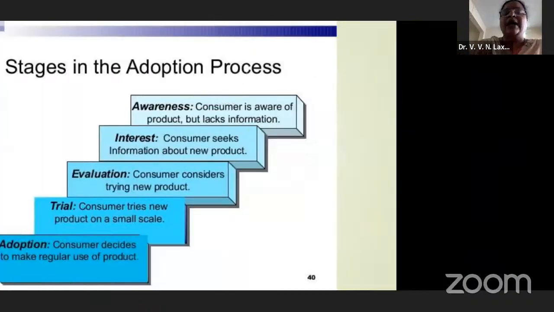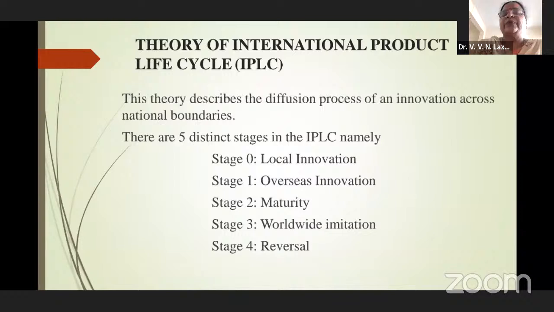Now, let us try to understand the theory of the international product life cycle. I think you are already aware of the product life cycle, where there are basically 4 stages and 2 extended stages.